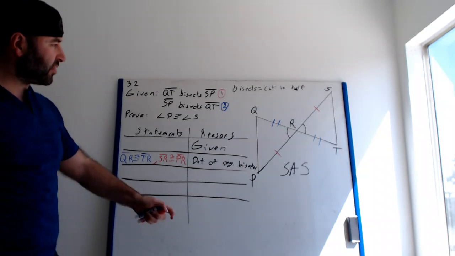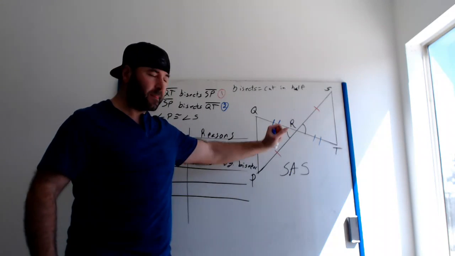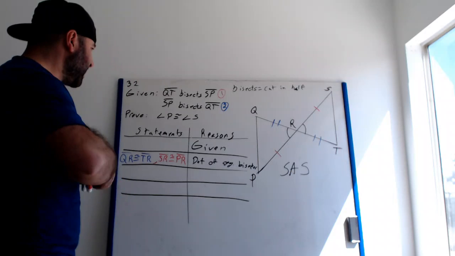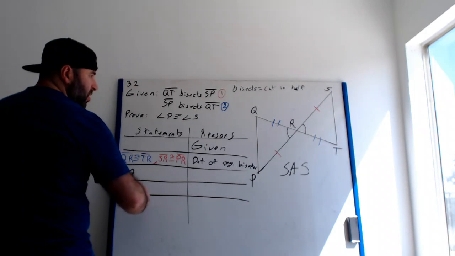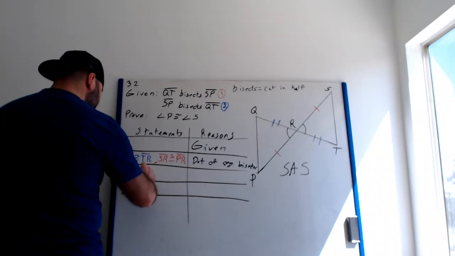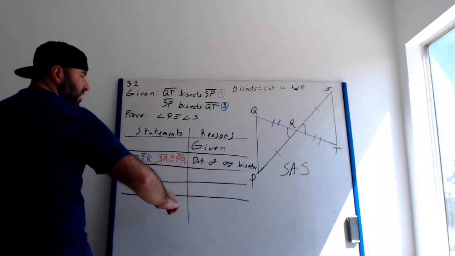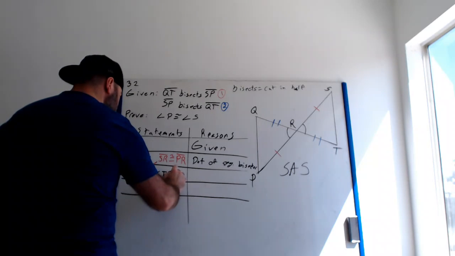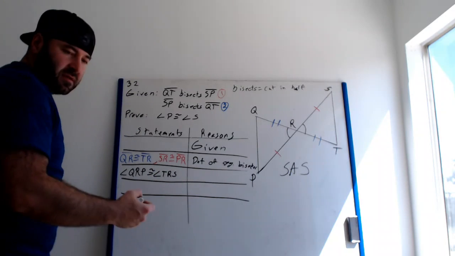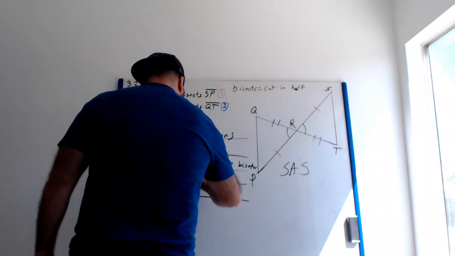We need to fill in our third congruency. So our third congruency is that angle QRP is congruent to angle TRS. And that's because vertical angles are congruent.